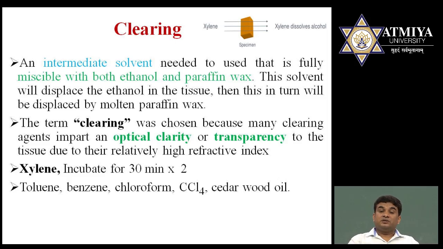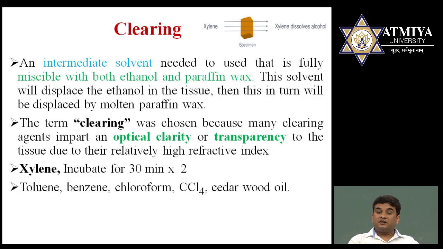So you need to find a reagent which is miscible with both, that is, miscible with the alcohol as well as the wax. Here xylene plays a major role. Xylene is miscible with both the alcohol and the wax.